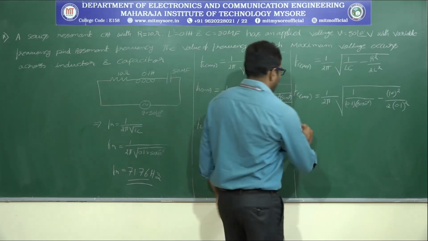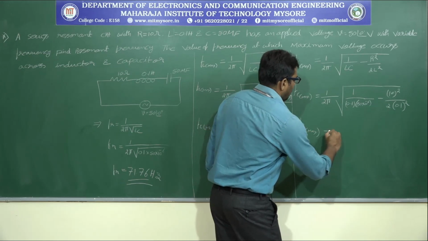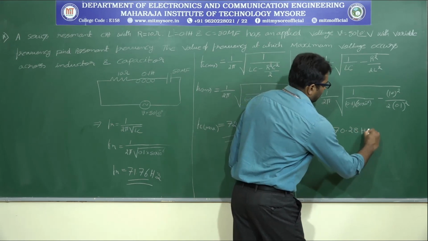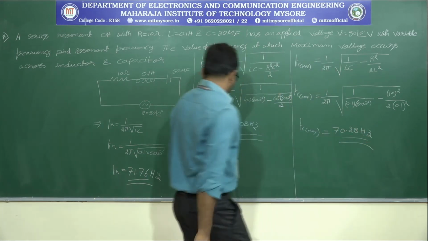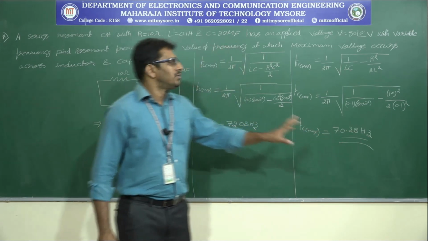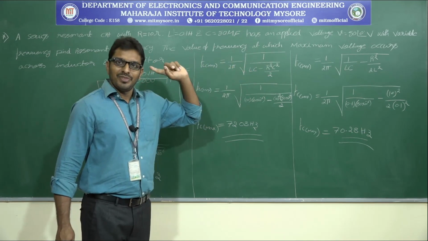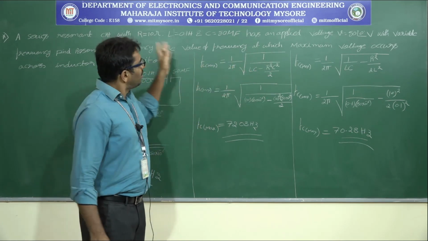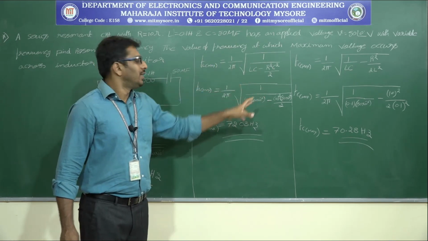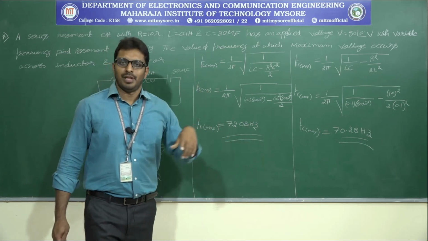So by simplifying this expression, for FC max you will get 70.28 Hertz. The slight difference is 0.8 Hertz. So please remember these two standard formulas, just like F1 and F2. Directly by substituting the given data into these formulas, we can obtain FL max and FC max. Thank you.